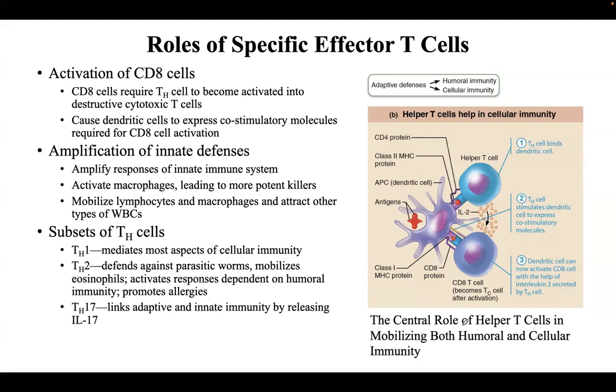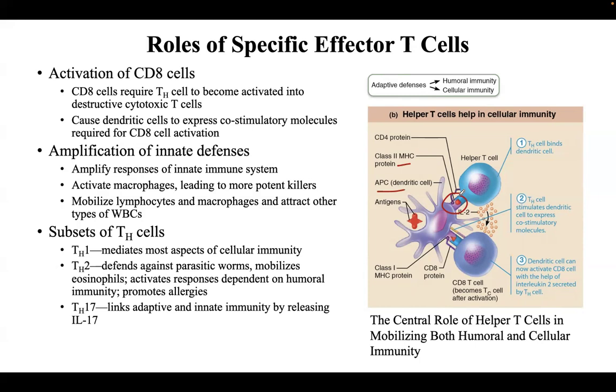The Th cell can bind to dendritic cells as well, because dendritic cells are also APCs. This dendritic cell is carrying an MHC2 protein, and the antigen is presented to the helper T cell. That's normal, so the helper T cell is getting activated.